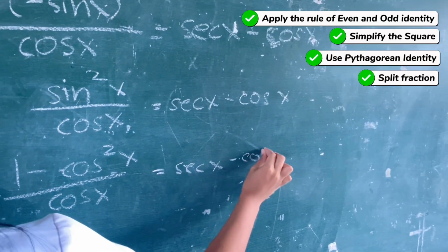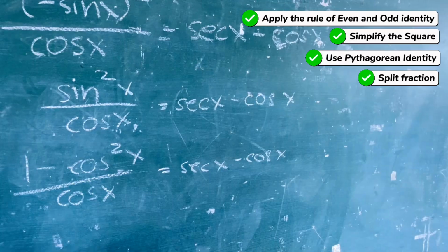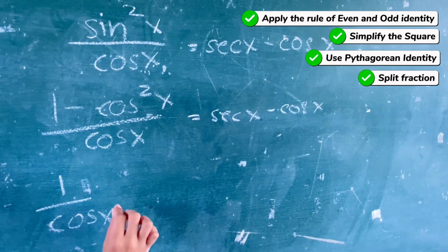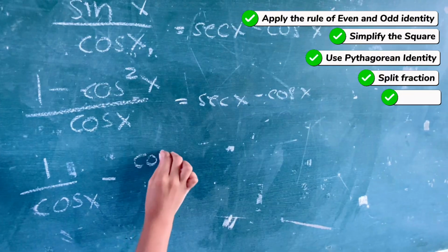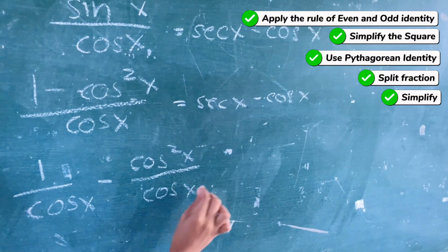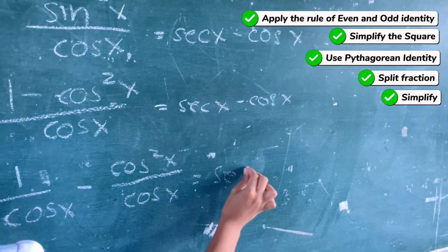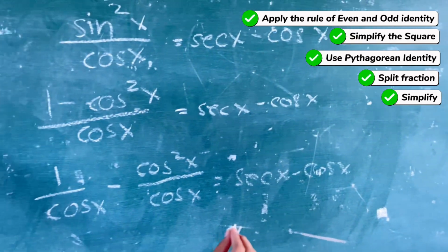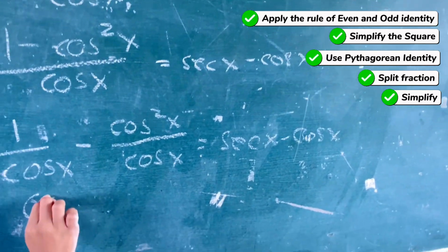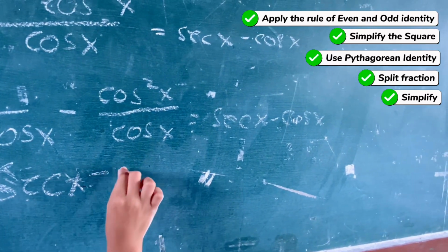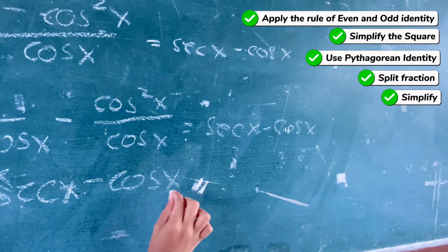And we will split it into 2 fractions, and it will become 1 over cosine theta minus cosine squared theta over cosine theta. And we will simplify this so we can arrive at the equation. So 1 over cosine theta has a reciprocal identity of secant theta, minus cosine theta, since we can cancel the one cosine.